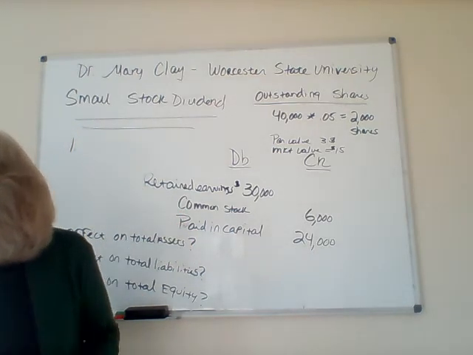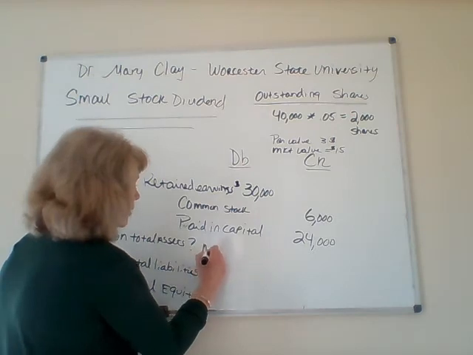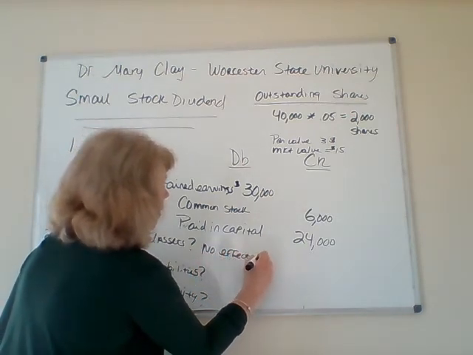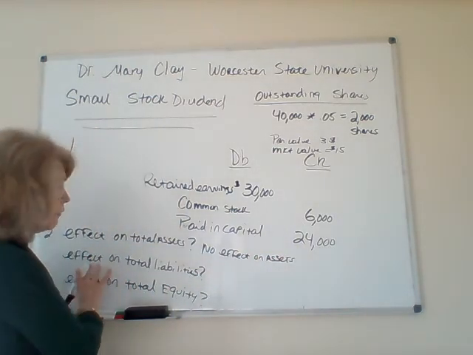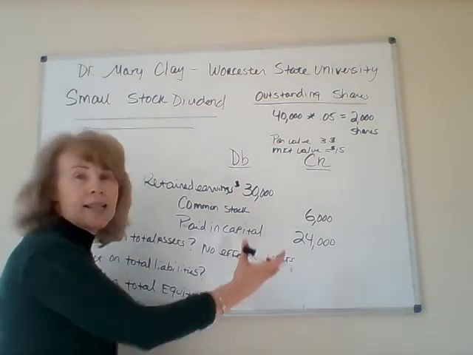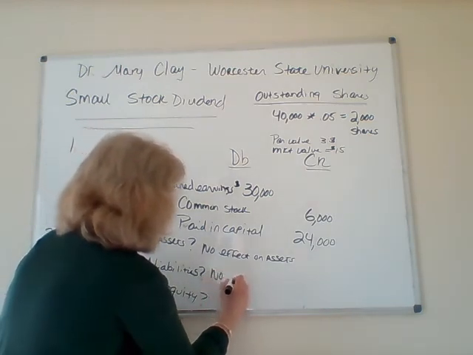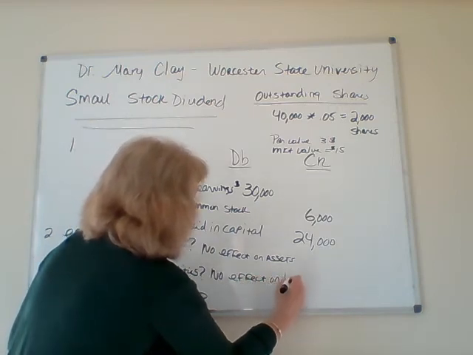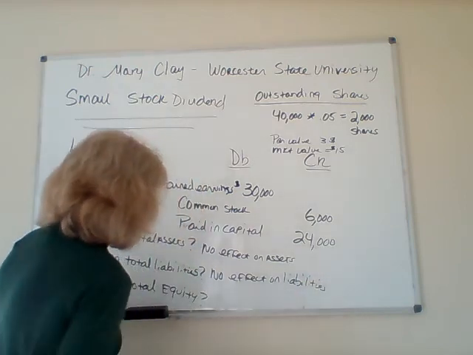So the overall effect on assets, you would answer, no effect. Okay, what's the effect on total liabilities? Well, we just said those are all equity accounts. So no effect on liabilities.